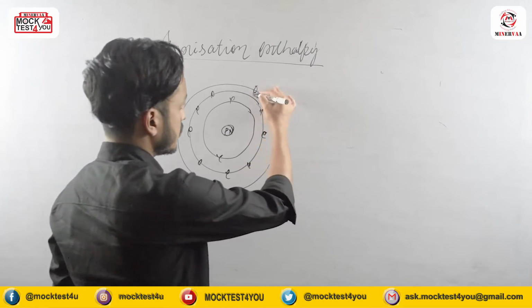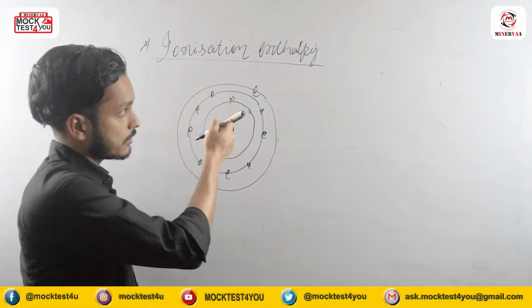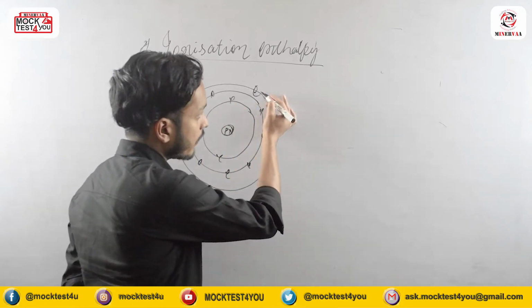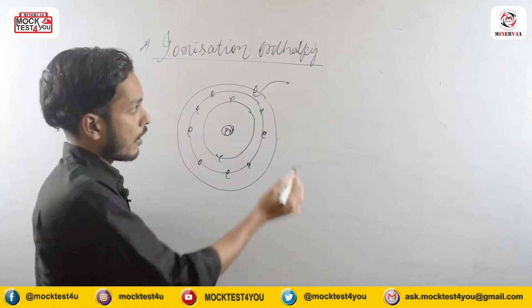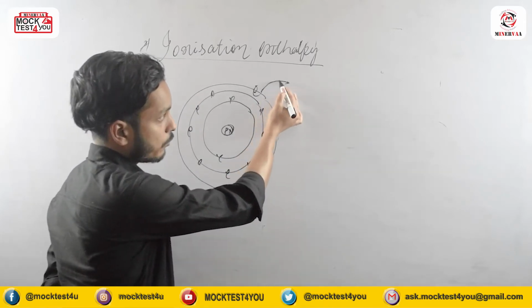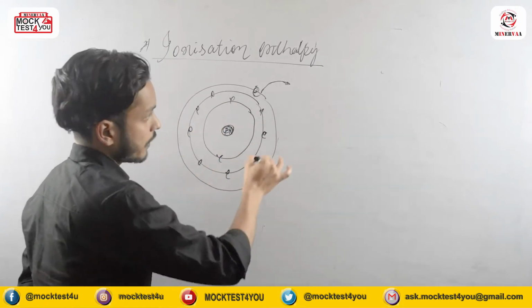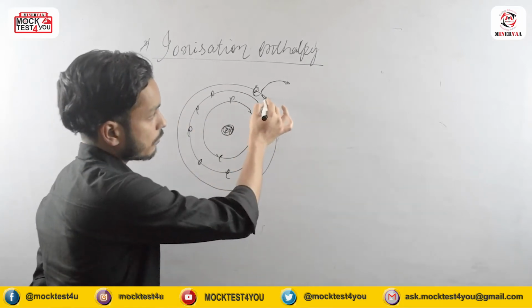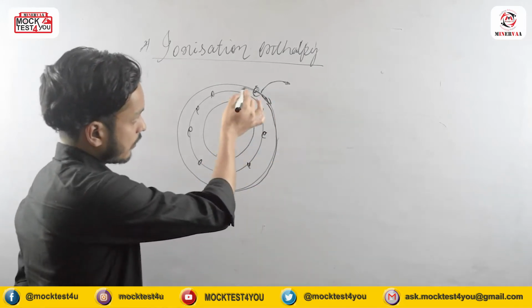Suppose one electron is present here. So ionization enthalpy or ionization energy is the amount of energy required to remove an electron from the outermost shell of this atom.